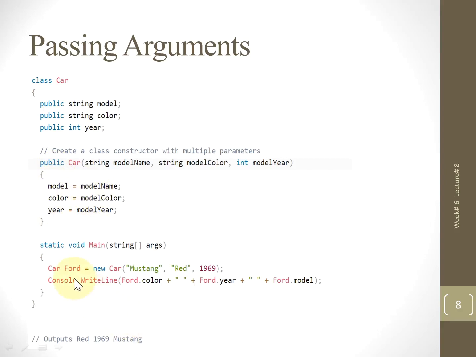So let's see, within the main function, we have again created the object, and within the object we have sent three arguments: number one is Mustang, comma, red color, and a comma, 1969. So these three values are required, and the order is the same. The string value should be stored within the model name, the next string value will be stored within the model color, and the integer will be stored within the model year.